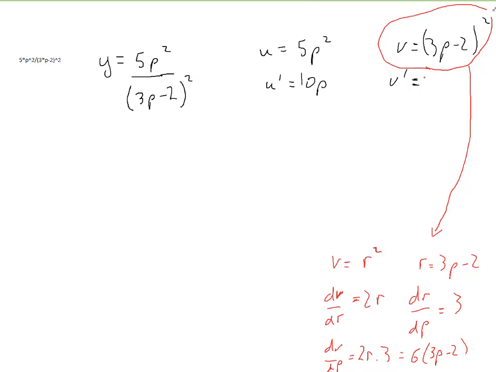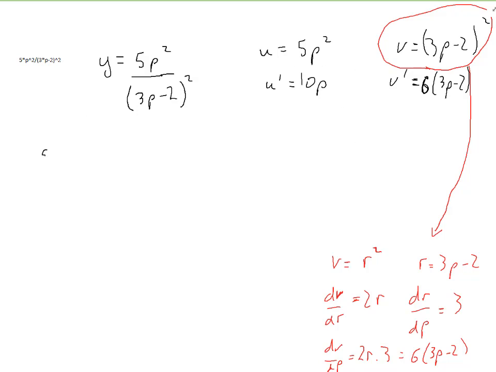So that's the derivative we need here: 6 times (3p minus 2). So differentiating this, you get this. If you don't know how to do this, you have to use the chain rule here, but that's got us to this stage. Now we have all the parts you need for the quotient rule.